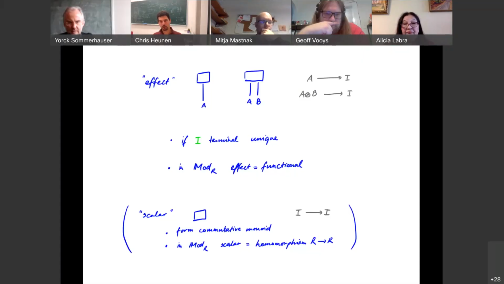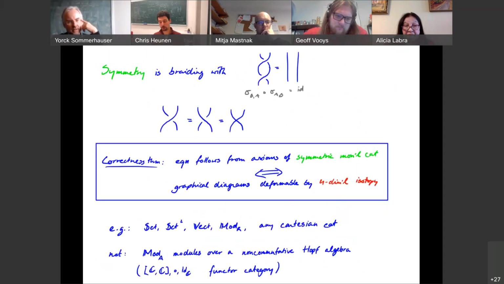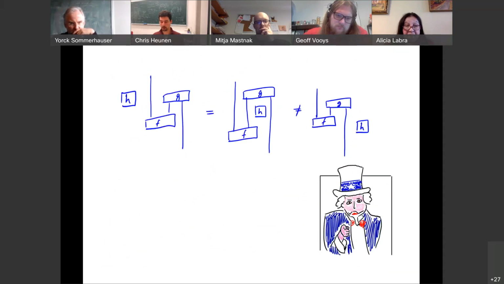Nevertheless, if you take a bialgebra over a field, that is a fine monoidal category, because the field is commutative. So that's what I had in mind when you said that could falsify this right equality.